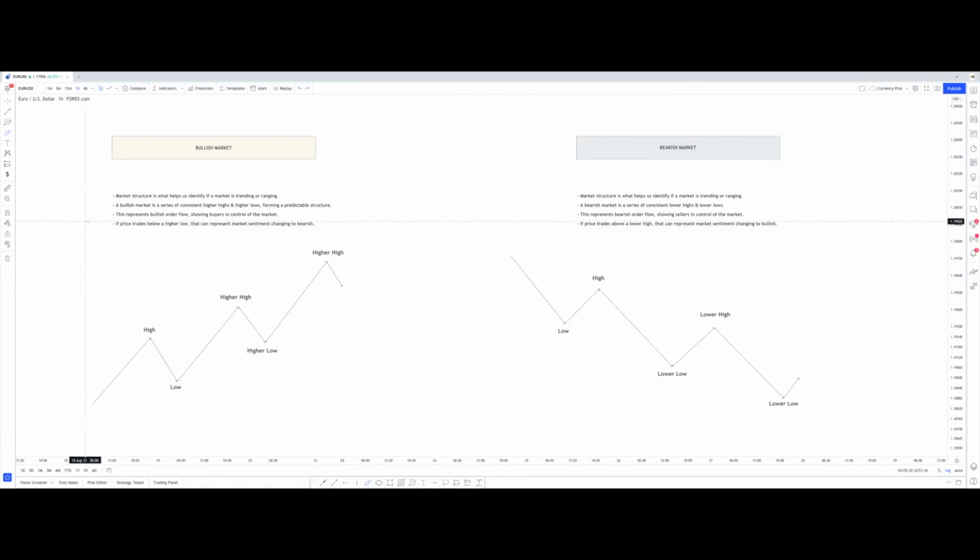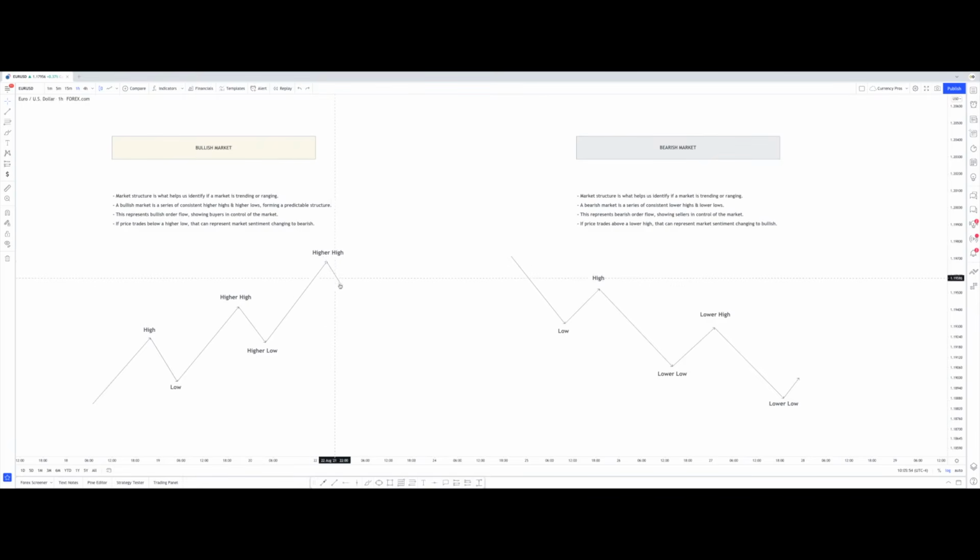Now, the next point I want to go over is that if price trades below a higher low, that can represent market sentiment changing to bearish. And on the flip side, if price trades above a lower high, that can represent market sentiment changing to bullish. So let me show you what that means. Basically, we have the higher low here, we have a higher high here.